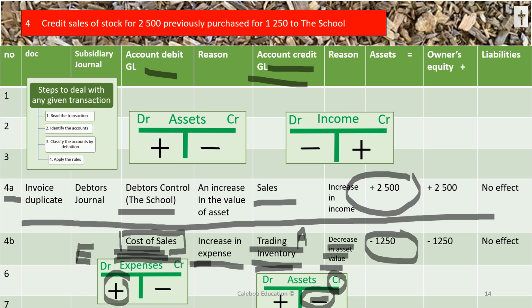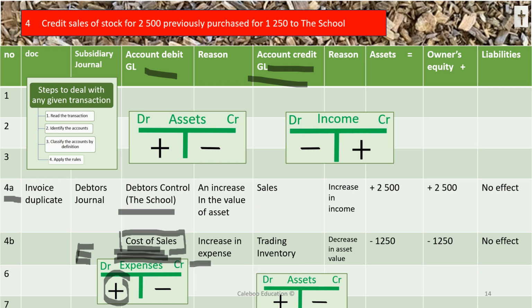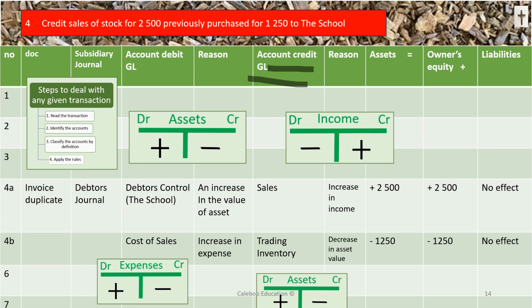Now, what is the effect on the accounting equation? And listen carefully to this. Let me clean it up. What affects owner's equity? DICE, right? DICE. Now, just coincidentally, cost of sales is an expense.